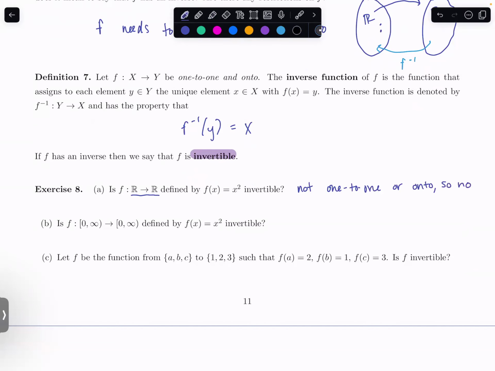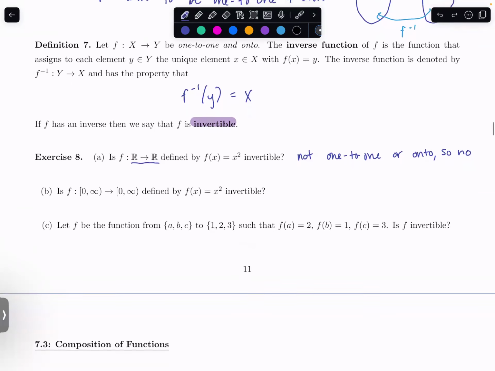Remember, for it to be onto, we can only hit non-negative real numbers when we square them. So the codomain doesn't equal the range, so it's not onto. And for the one-to-oneness, -2 and 2 both go to 4, which is a problem for the way back for the inverse. So this is not one-to-one or onto, so that doesn't work.